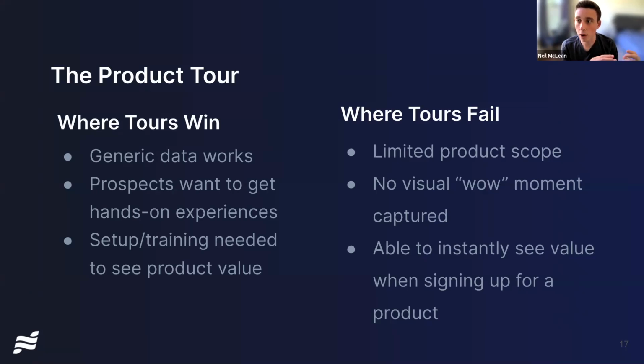And lastly, if products are able to instantly show value, a product tour might not make sense either. Where this comes in handy is Gmail. If you can sign up for the product in 3 minutes and send your email to your friend, you probably don't need a product tour to show how that works. So those are some different considerations that we've seen folks take as they've approached this new emerging go-to-market model.